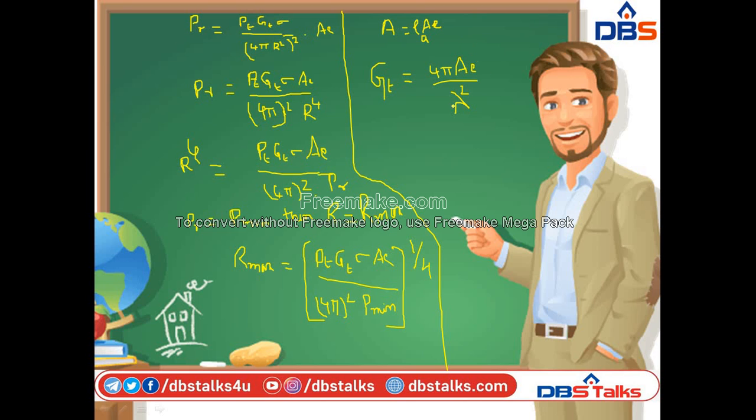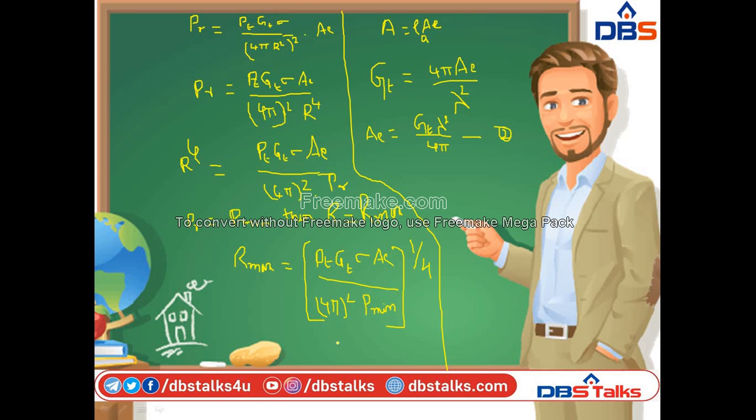So we need to find out this AE, effective area. That means AE equals GT lambda square by 4 pi. So substitute; let it be equation 2 and let the earlier one be equation 1.